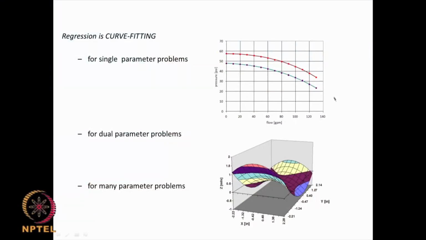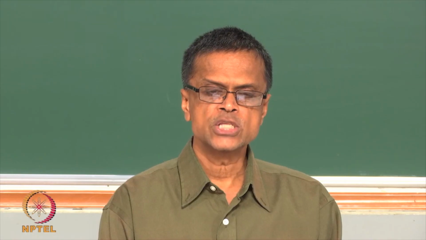It is easy to visualize in a one dimensional system, that means single parameter, or even a 2 dimensional system, but if it becomes higher dimension we cannot really visualize, we have to look at the error sum of squares and then make a conclusion. I have one model with one error sum of squares, I have another model with another error sum of squares, I can compare both of them and say yes they are very different or no they are not very different.